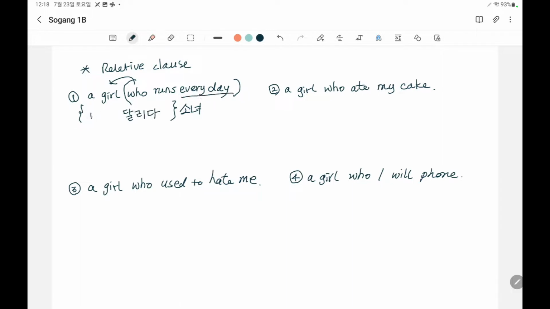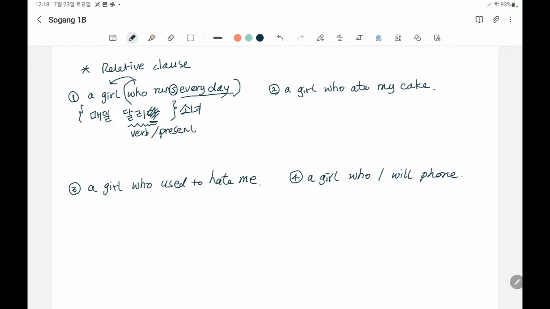Every day. 매일. 매일 달리다. This is the base form. And we need to modify it, isn't it? We only change the final one here. So, get rid of 다. And this is present. Do you remember? This is a verb and this is a present.